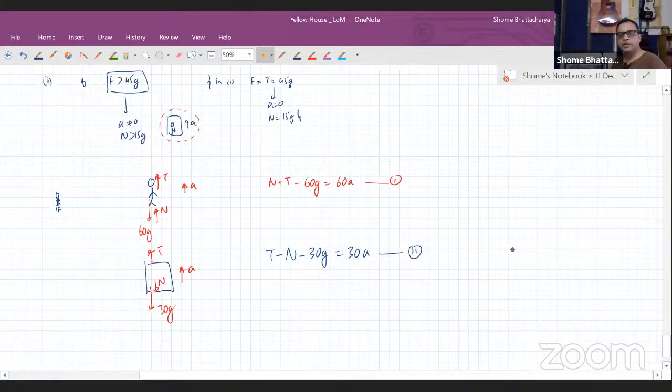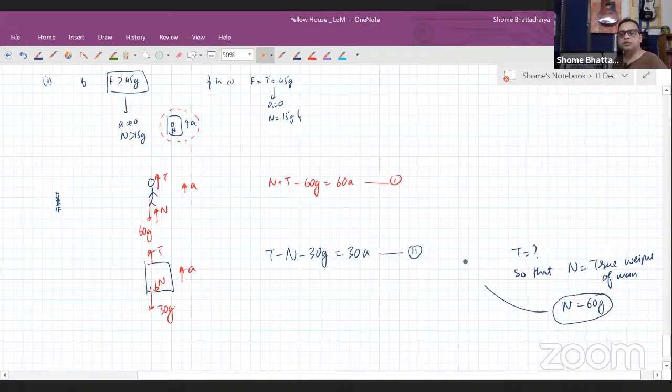Now we want to find the value of T so that N should be equal to the true weight of the man. So we want N equal to 60 G. Substitute that over here. So 60 G plus T minus 60 G should be equal to 60 A. That becomes our first equation.